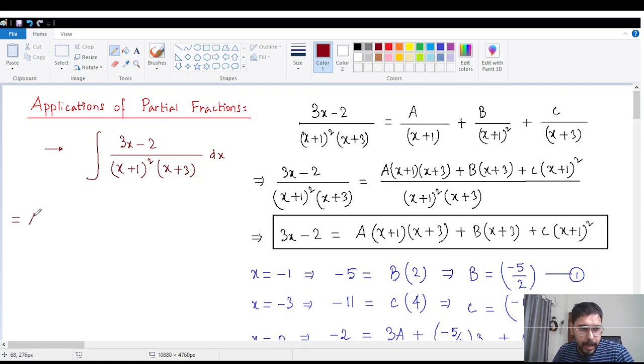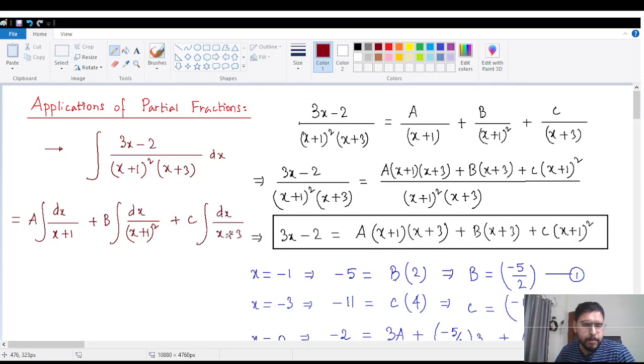So it will be a integration dx over x plus 1, plus b integration dx over x plus 1 whole square, plus c integration dx over x plus 3. So this is the process.